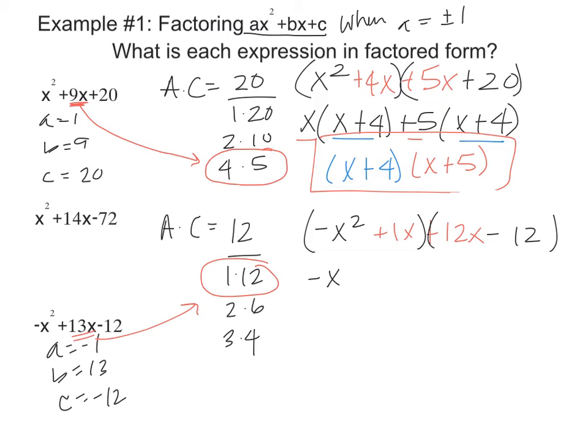I'm then left with x plus 1. On the second one, I can factor out a 12. And again, I'm left with x, or actually, let's go ahead and factor out a negative 12. So let me fix that. And you're going to see why I chose to do that.